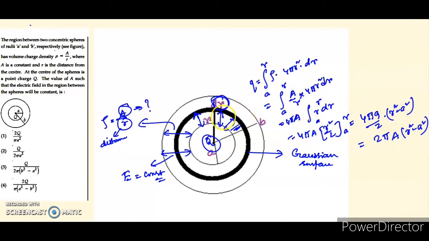This is the total charge of this region, that is from a to r.